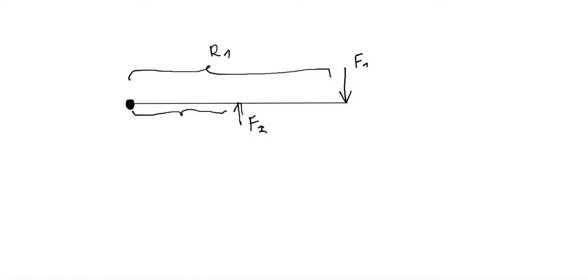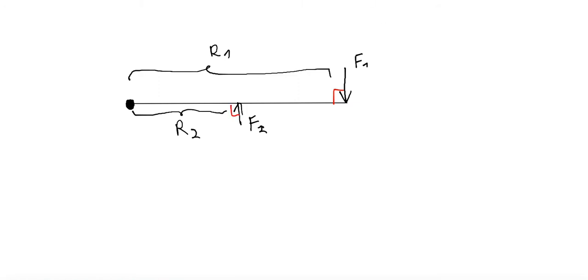And let's imagine that two forces act on this rod. Force F1 at the distance of r1 and force F2 acting in a completely opposite direction at the distance of r2. Let's imagine that the angles between the directions of force and this rod are right angles. So the angle here is 90 degrees and the angle here is 90 degrees.